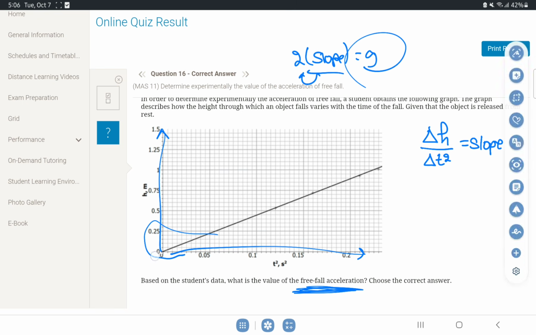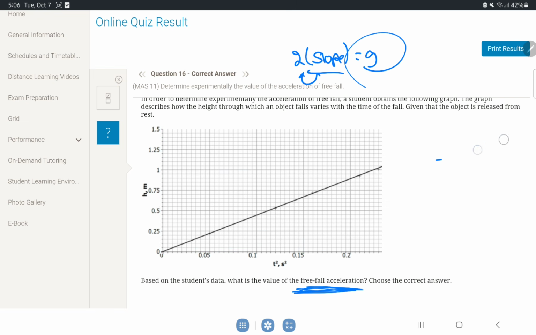Okay, let's find 2 points in this graph. We have here 0, 0, and we have here the intersection. If we line it up here, we have 1 as the y, so 1. But what about the x? Let's look in here like this.